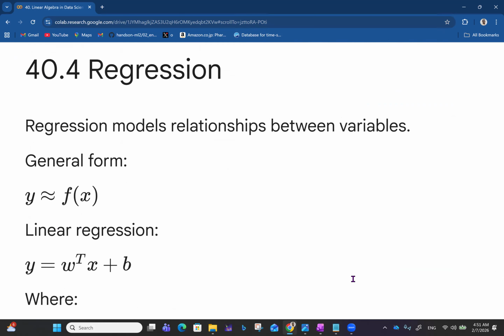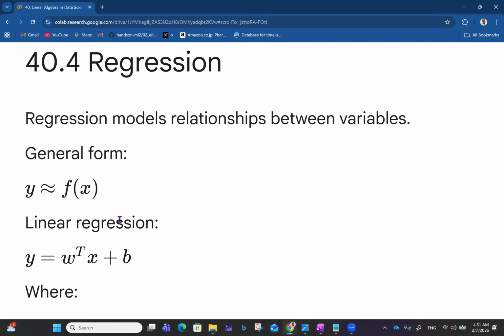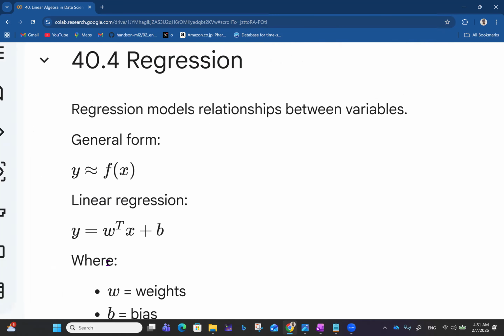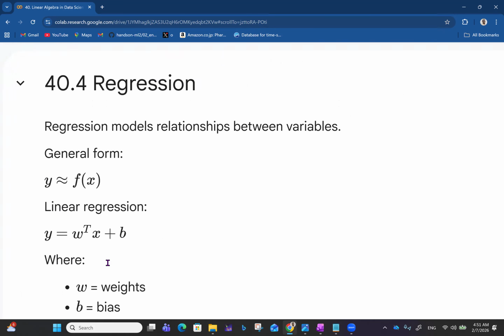Regression models relationships between variables, and the general form is y approximately f of x, which we already saw when talking about least squares. So we have linear regression, y equals w transpose x plus b. It's more like the ax plus b we saw the other time, except that this w transpose is now a matrix, where w transpose is the weights and b is the bias.